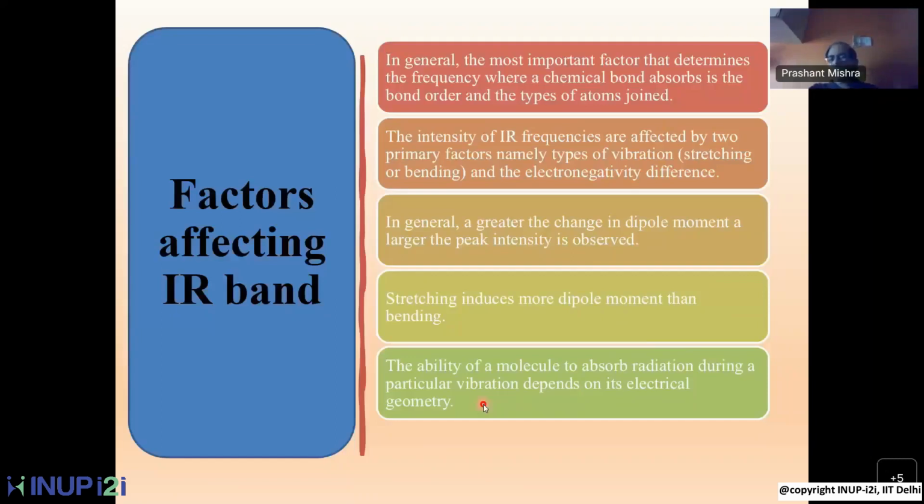That is why you have seen that whether it is a linear or non-linear molecule, that is where the IR spectra is dependent. You have also seen how these atoms are arranged in a particular molecule. You also have seen that it is the dipole moment which is responsible for their absorbance or, in terms of transmittance. So all these factors affect the IR band.